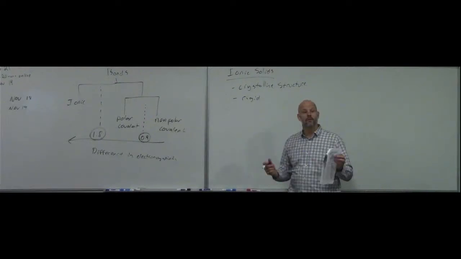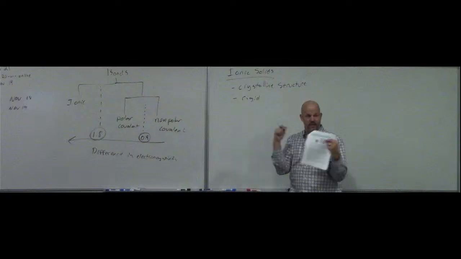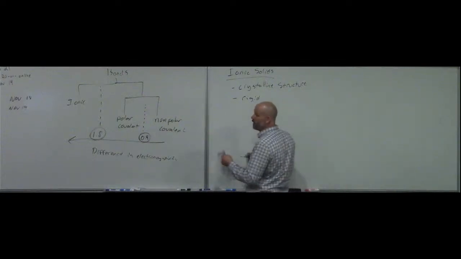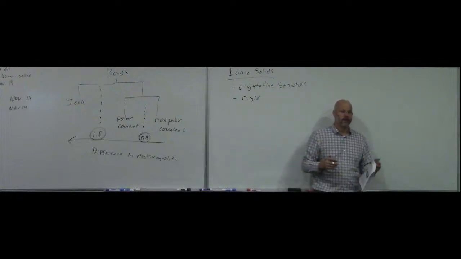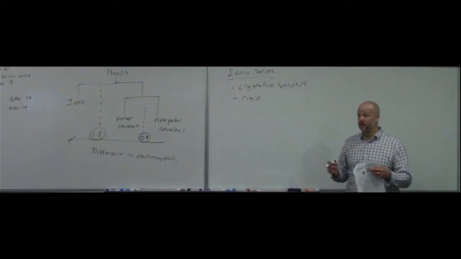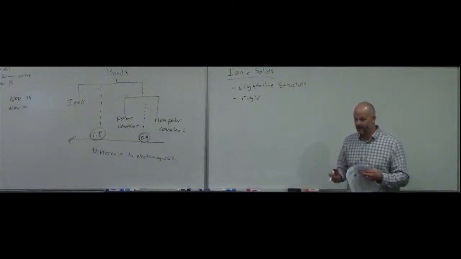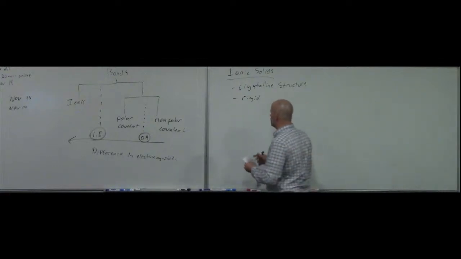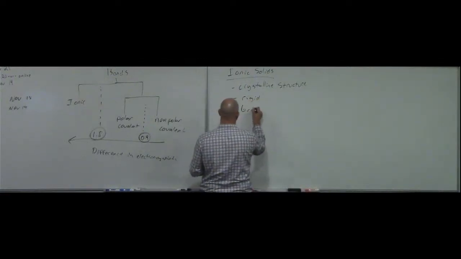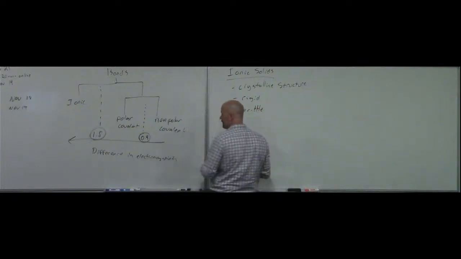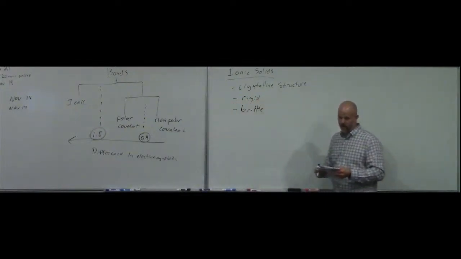Yeah. So the idea of rigid is that this thing does not move. Well, if something's rigid, what happens when it does get moved too much? It breaks, right? So it's rigid, but it's also brittle. This thing doesn't just bend at all.